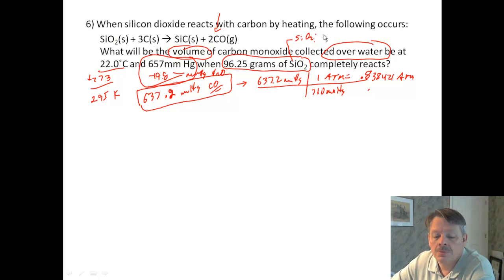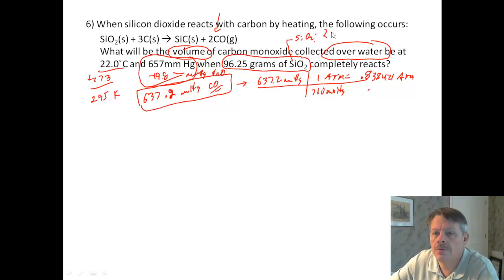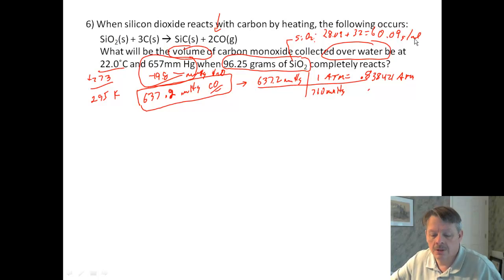So that comes out to be 64 point something, right? Let's try that again. Silicon is 28.09. 28.09 plus 32. So that's going to give me 60.09 grams per mole. Trying to do that from memory, had to look it up. Okay.